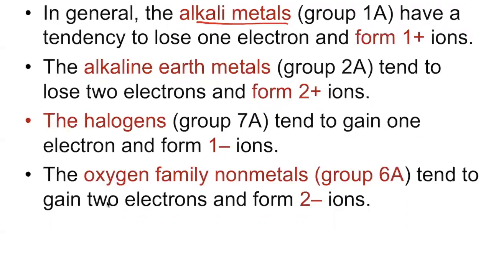The halogens are going to gain 1 electron, becoming an anion, in order to be like the nearest noble gas. The oxygen family are going to try to gain 2 electrons. And the whole point of trying to be like the noble gases is because noble gases are very, very stable.